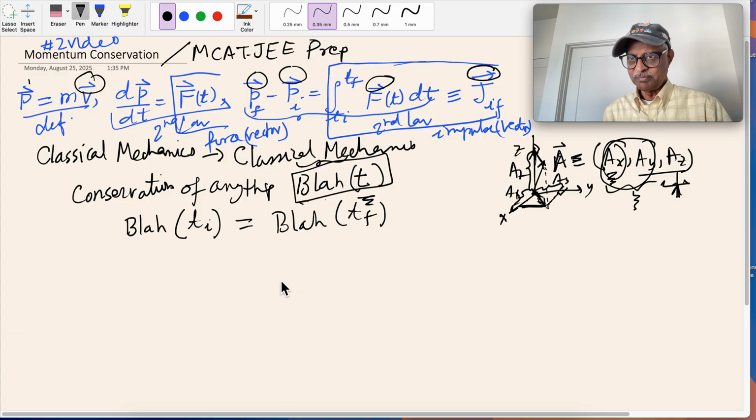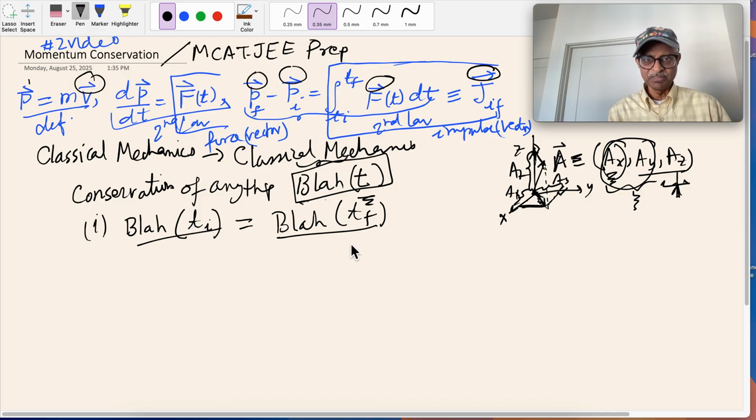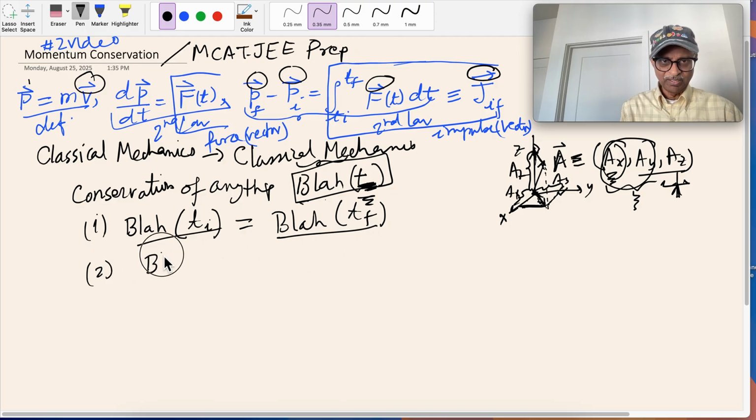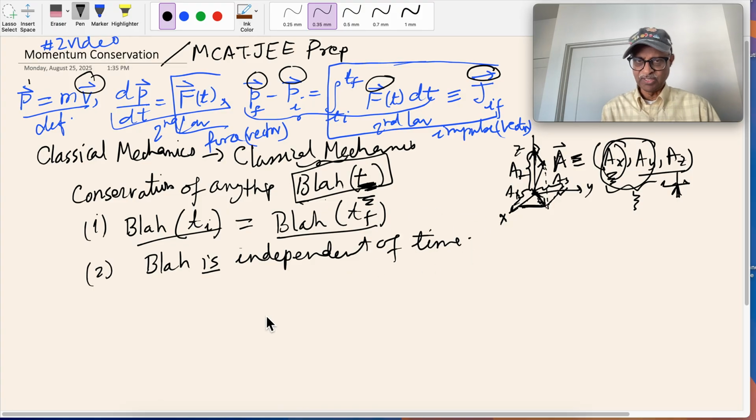This is one interpretation: something may have happened between the two instants, and you get the same as later. Another, more valid way to look at it is, I thought blah depends on time, but blah does not depend on time. So for every pair of initial and final instants it is the same. So blah is independent of time. It never changes. That's conservation, okay?